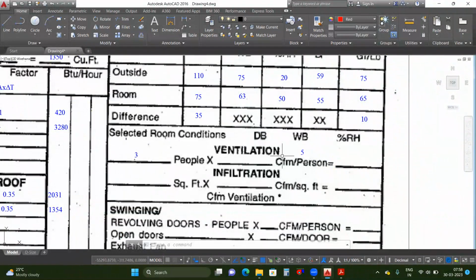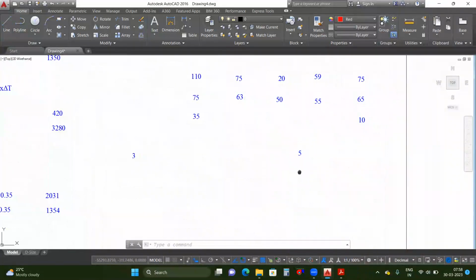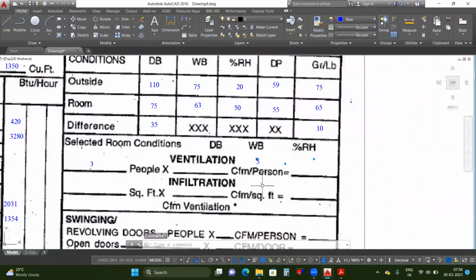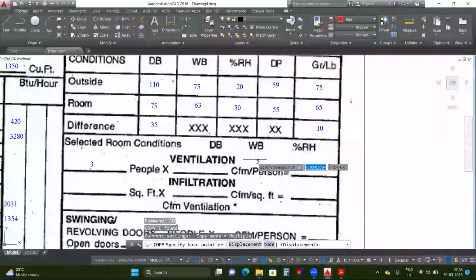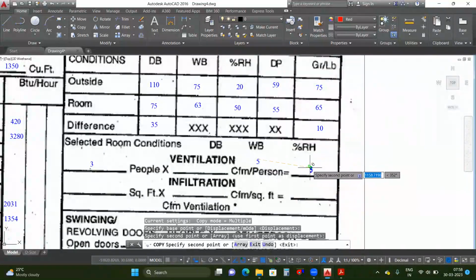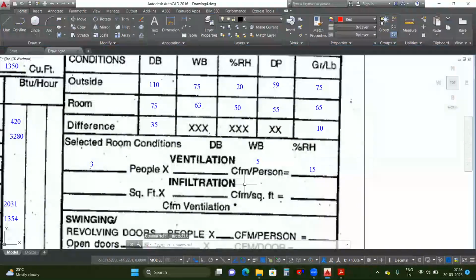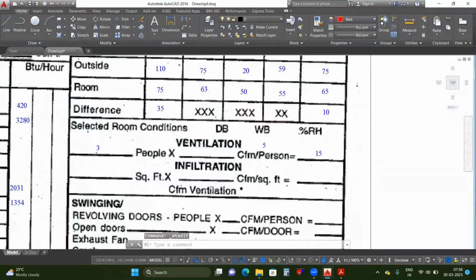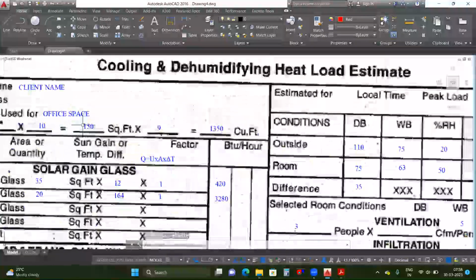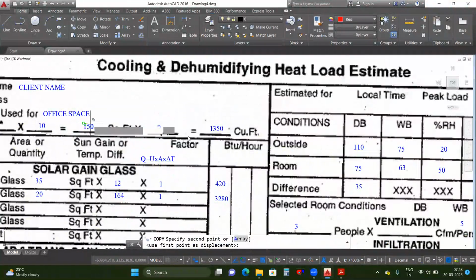Before that I will multiply this: 5 into 3, it is 15. Next is square feet. How many square feet are we doing? That is 150 square feet. I will copy the same 150 square feet.